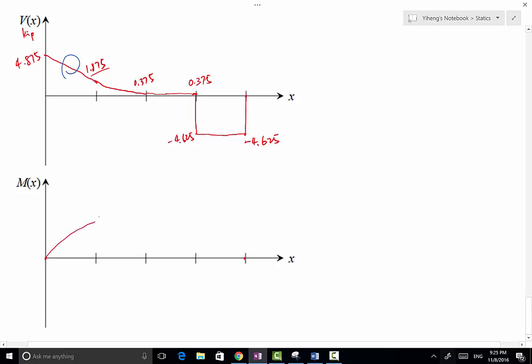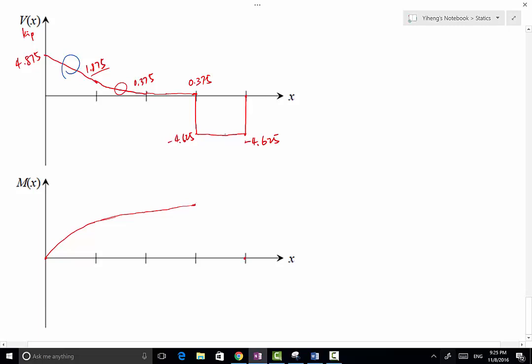And then it keeps increasing, but again, the slope is getting smaller and smaller, still positive. And then at this point, you have a constant 0.375 kip in the shear force. Because it's a constant, therefore there's a constant linear change. Very difficult to draw right here. You just need to know that it is a constant linear change, increase to this point.